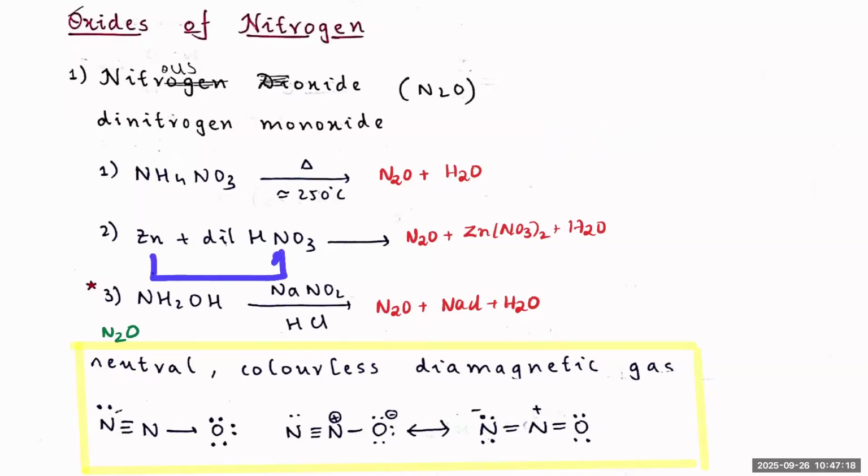Zinc, when you react with dilute HNO3, just now we learned how to get N2O. When you take a dilute acid, anything which has negative reduction potential will give you N2O. And NH2OH in the presence of NaNO2 will give you N2O and NaCl and H2O. Got it?